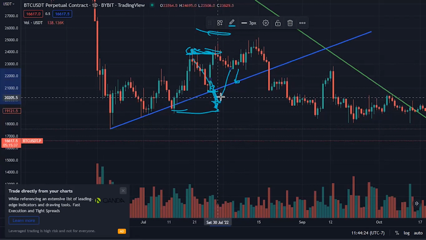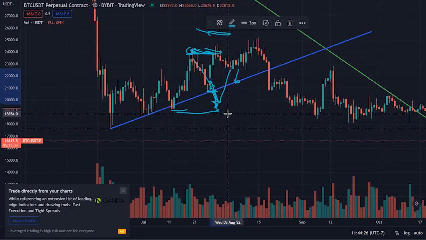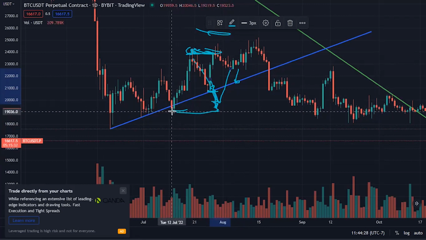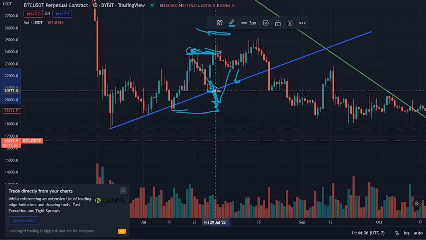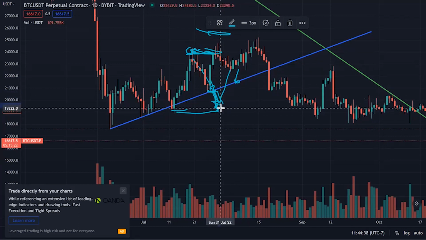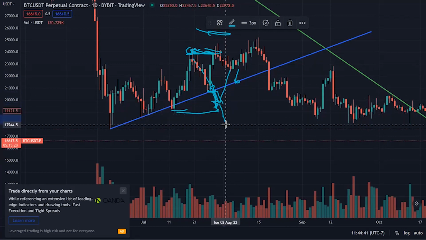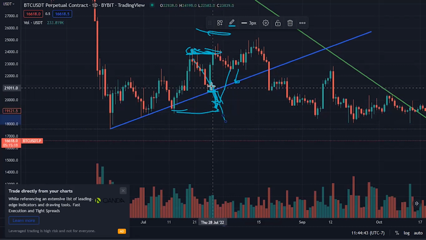This is why, when setting your stop loss, you want to set it a little bit farther away. Setting it below the previous low is safer, because if it's a false breakout, the price shouldn't break the previous low. If it breaks the previous low, then you know for sure this was a real breakout.